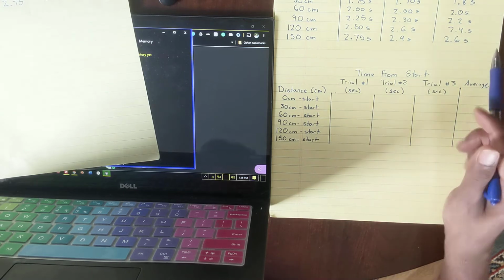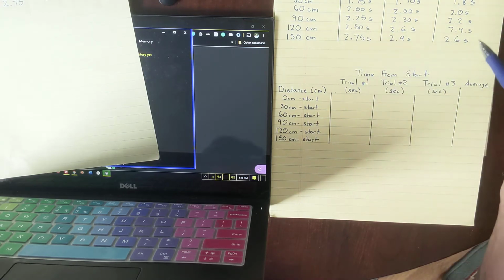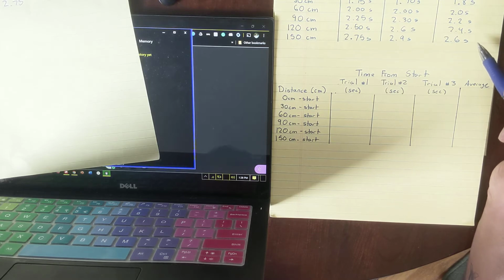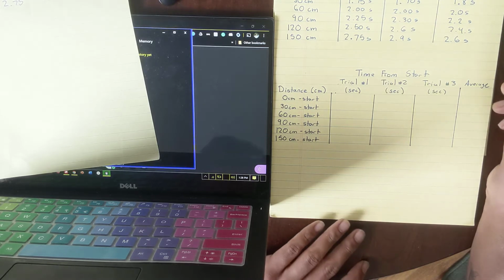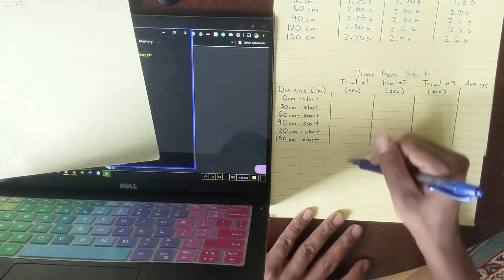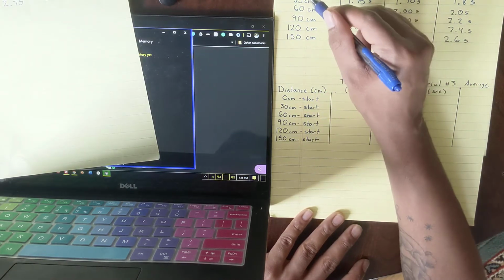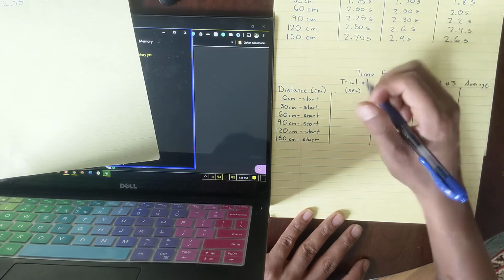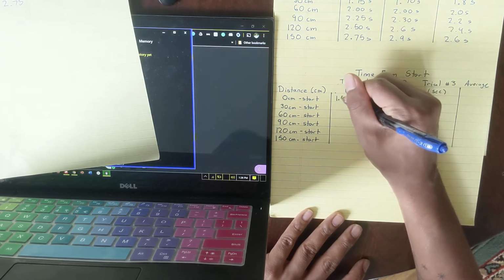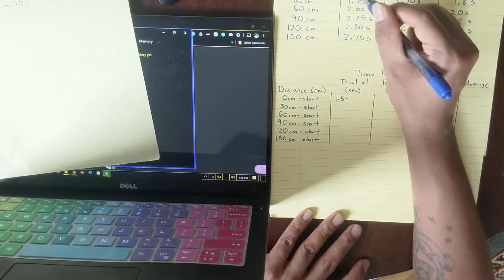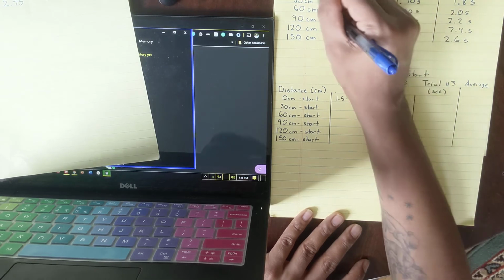Okay, so I'm going to show you how to do this with my sample data. Remember, this is not the data you should be using for your data tables. You should be using the real data from the videos. Okay. But the way you would want to do it is that for each trial, you're going to take the value from the data table up top, and you're going to subtract the start time.